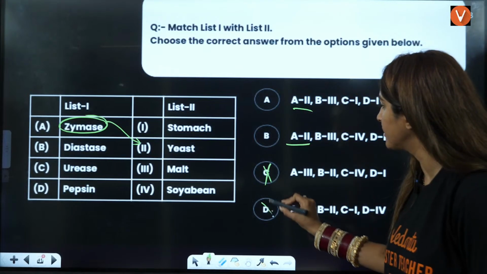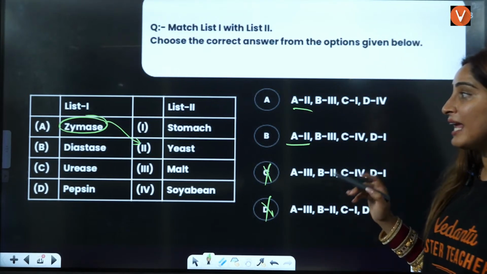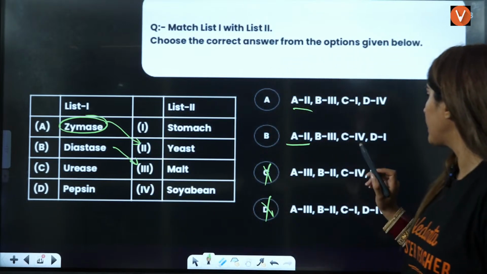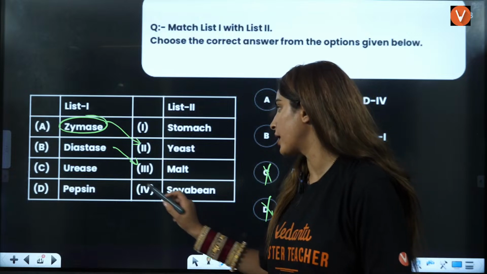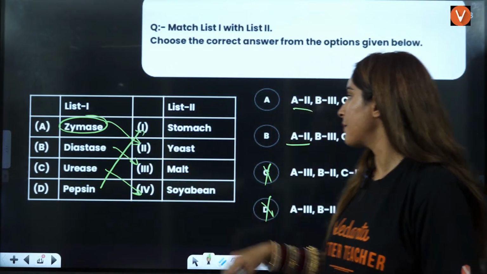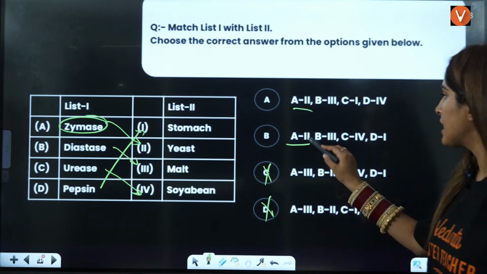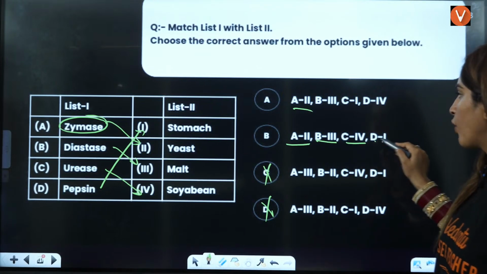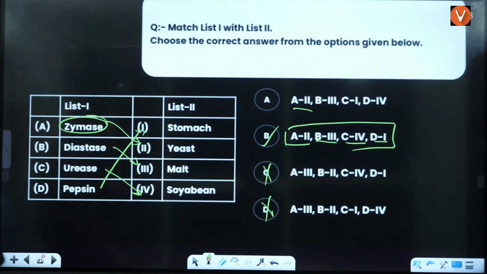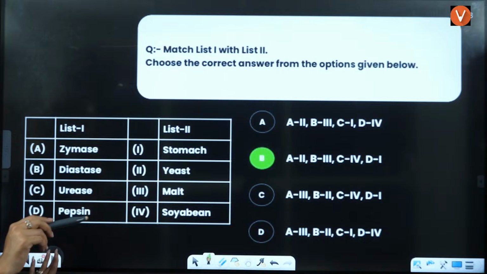This option is eliminated. Diastase is going to be malt, urease is going to be soya bean, and pepsin is going to be stomach. So the answer is B3C4D1. So B is going to be the correct answer here.